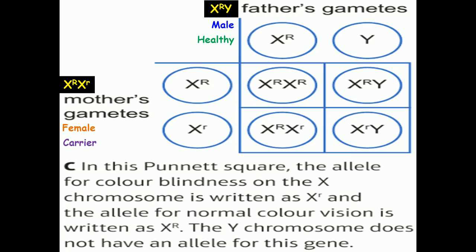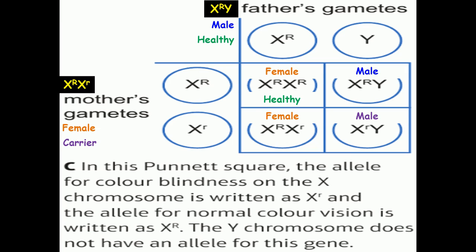And then we can look at the possible outcomes of the offspring. So the first offspring combination is female because it's XX. Next one's male, then female, then male. And then if we look at the allele, we've got 2 capital R's, so that's healthy.